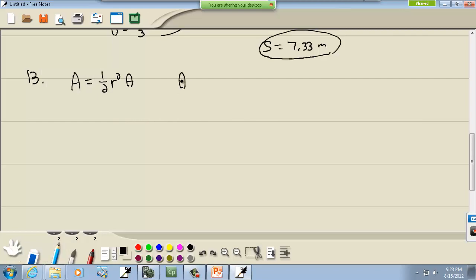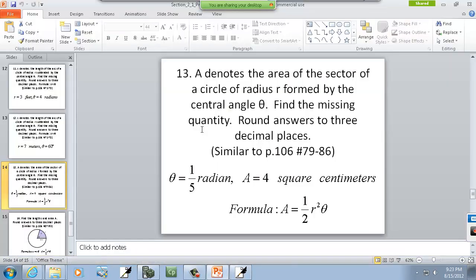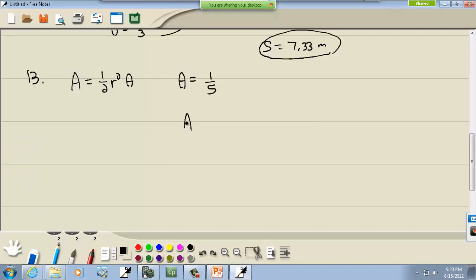So in this one they tell us theta is equal to 1/5 radians. And A is equal to 4 square centimeters. So A is equal to 4 centimeters squared. It's easier to work with this math-wise in this form. Now again, to use this formula, theta must be in radians. If it's not, you have to convert it.